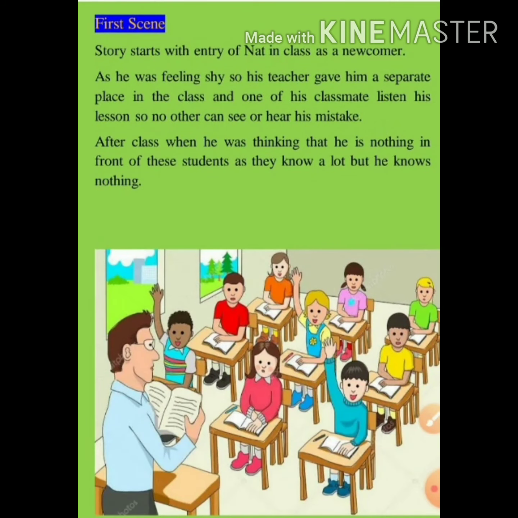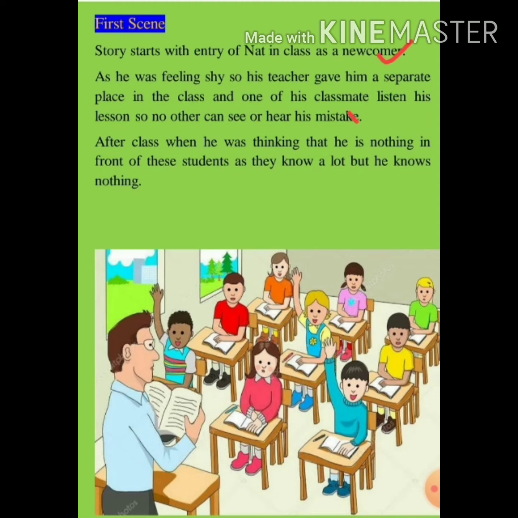Okay, so the first scene of the story is the classroom. In the classroom, where all students are enjoying studies and all the things, Nat entered the class as a newcomer. He's not feeling comfortable.